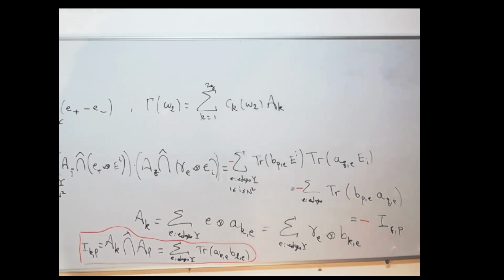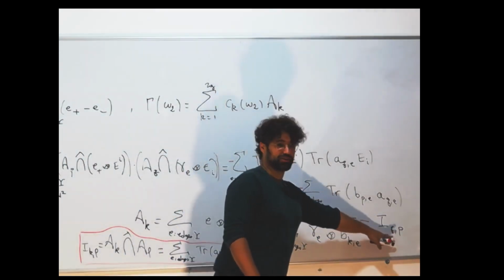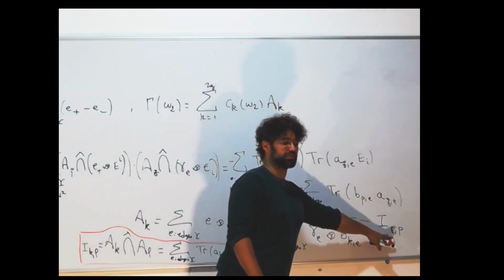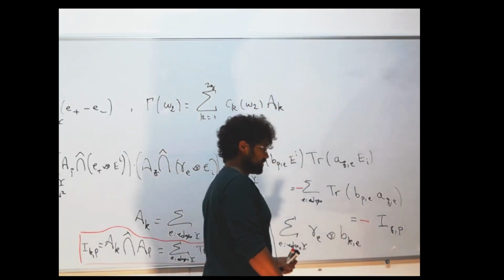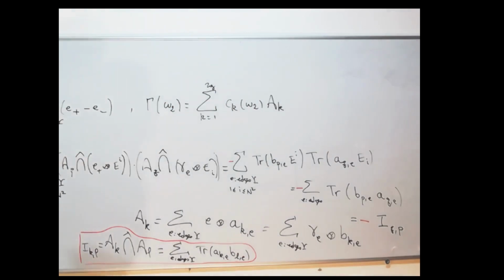So let's see, what do we have here? Here we have I, C, and I transpose, which is minus I transpose. Okay, so let's gather this together.